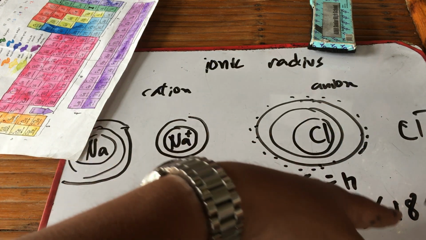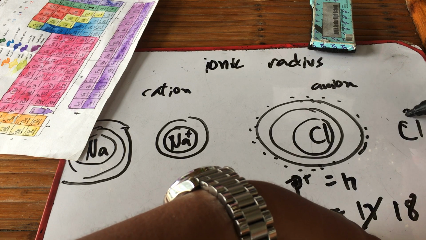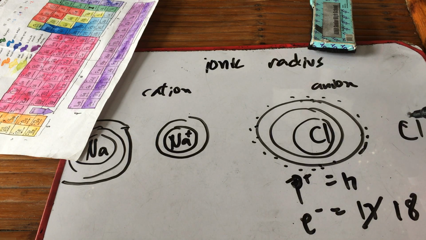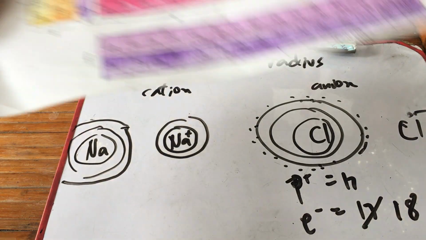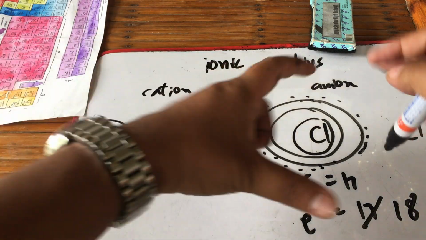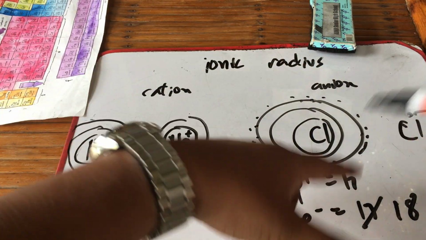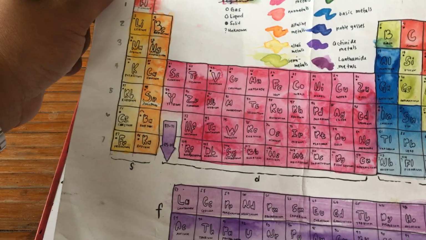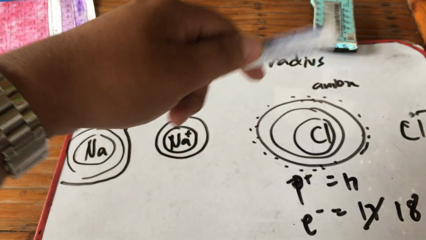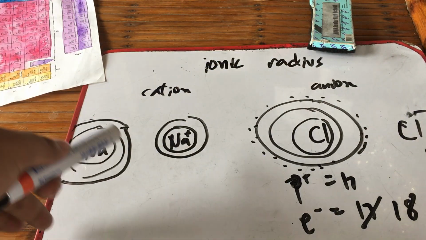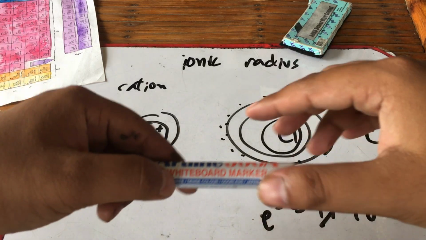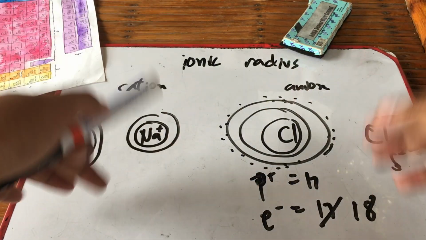And as we increase, if we add more electrons, halimbawa, we'll be using sulfur, that would be S2 negative, the 16 protons will pull 18 electrons. So they will be dividing their strengths just to pull these electrons which are adding up.